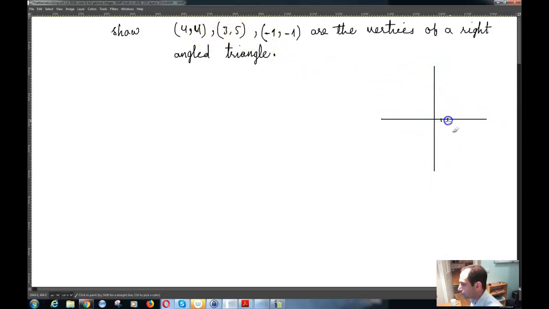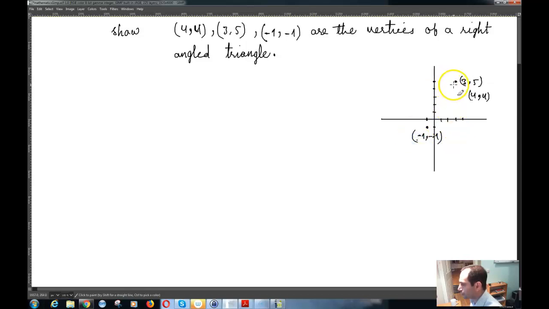So for example, 3, 5 would be 1, 2, 3, 4, and 5. 4, 4 would be this point over here, and -1, -1 would be this point over here.